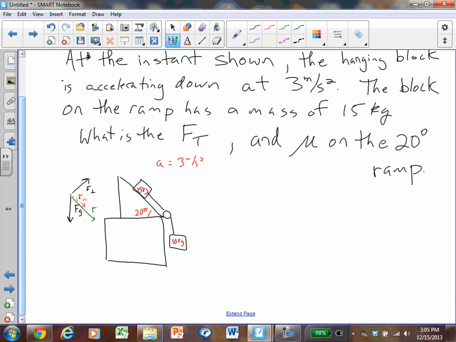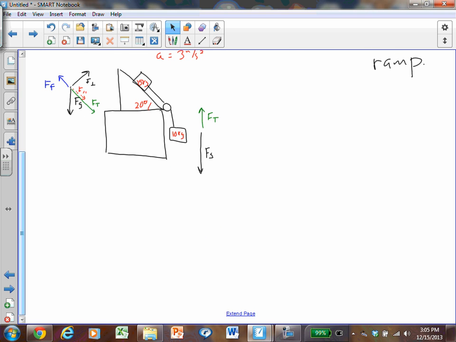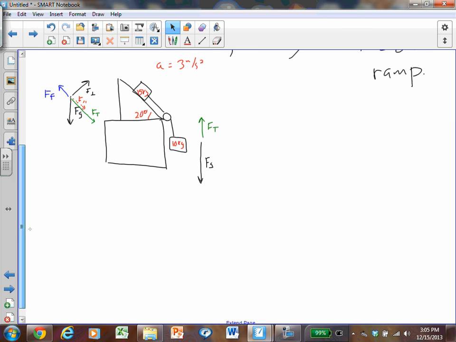And friction would be working against it. Okay? And then the one hanging would have an Fg down and a tension force. And then we will do the sum of the forces for both systems here.